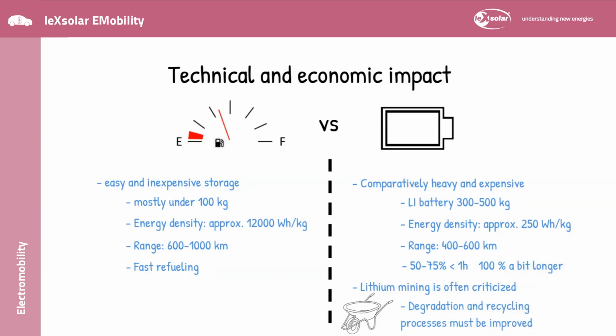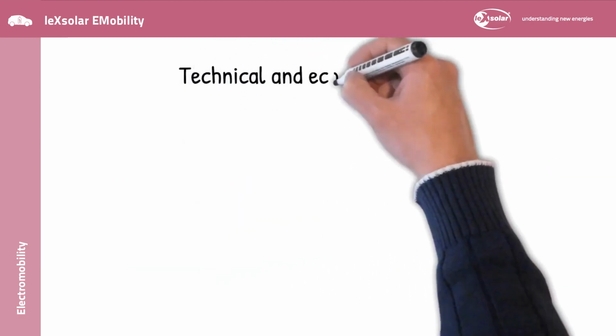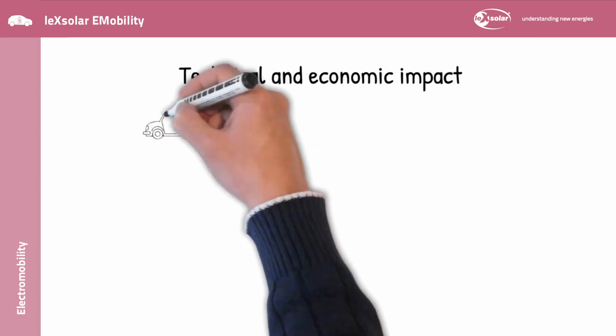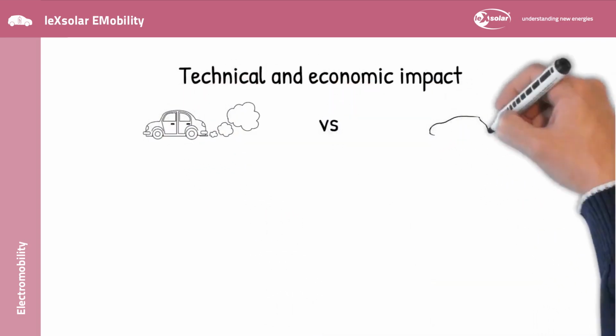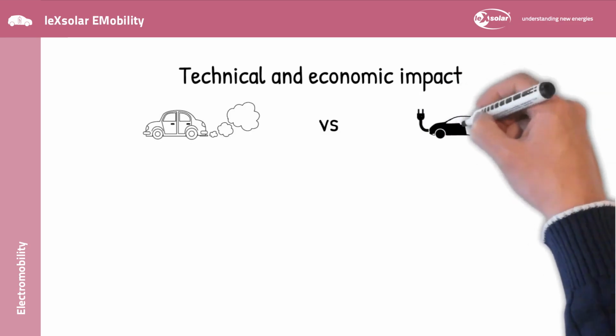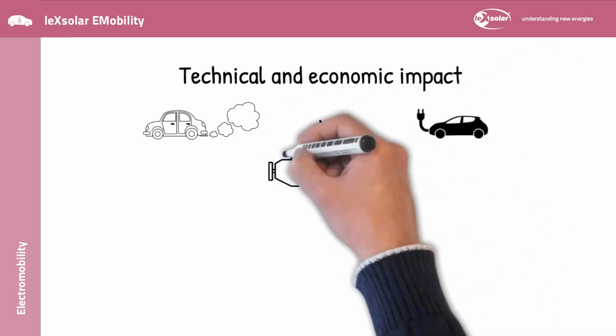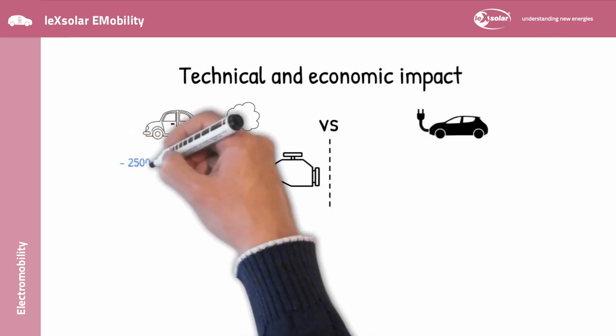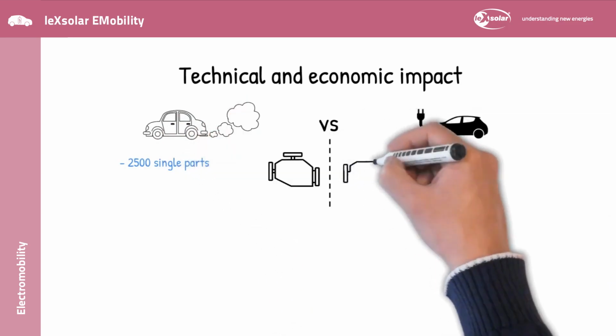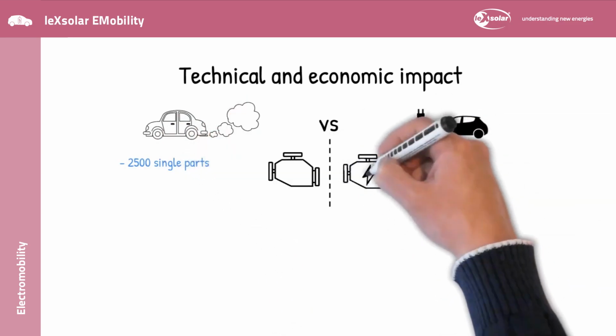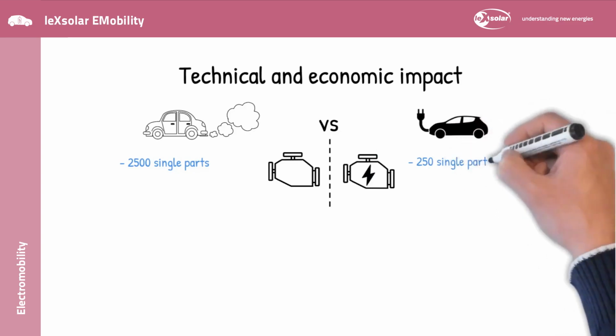Apart from energy storage, the electric car offers a lot of advantages. For example, the rest of the powertrain is much less complicated. Today, a passenger car combustion engine has around 2,500 components that have to be procured, manufactured and assembled. By contrast, an electric motor consists of only around 250 parts.